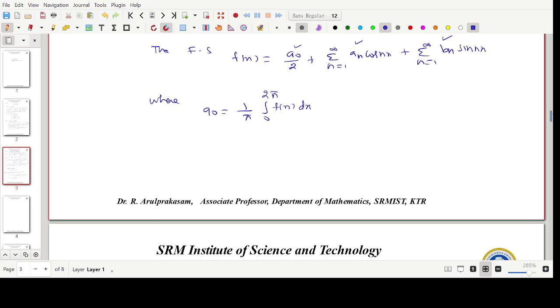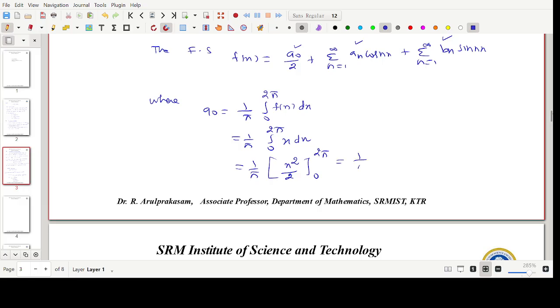So simply substitute here: 1 by pi integral 0 to 2 pi, and the given function is x, into dx. You know the integration of x dx is x square by 2. Now substitute the upper limit and lower limit.